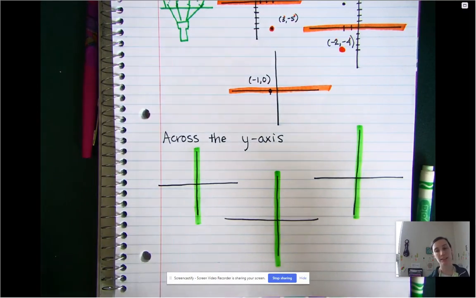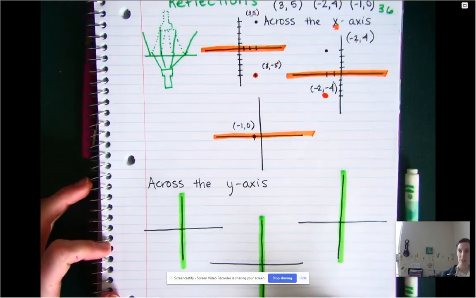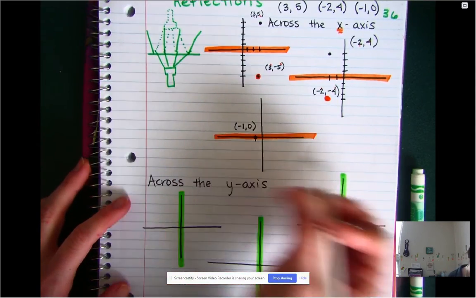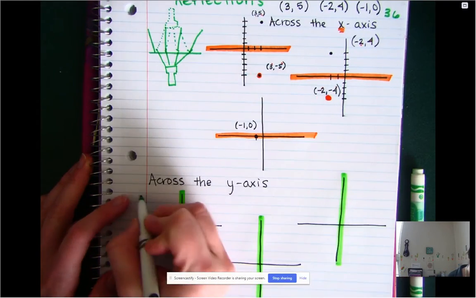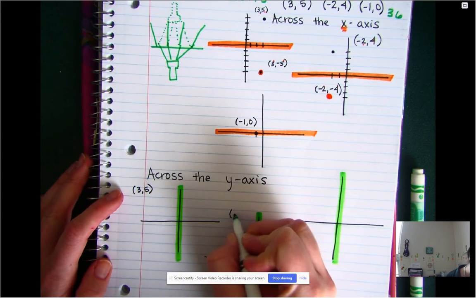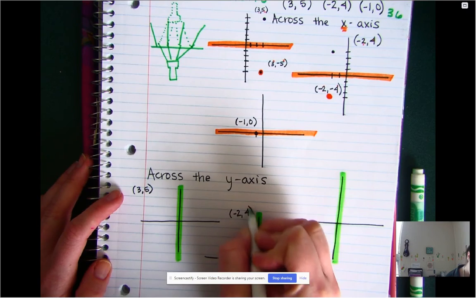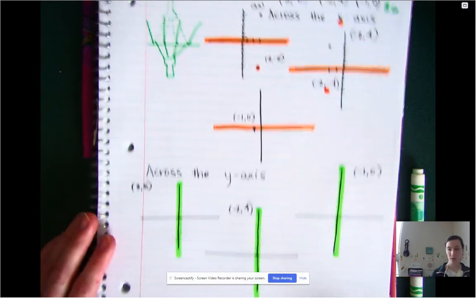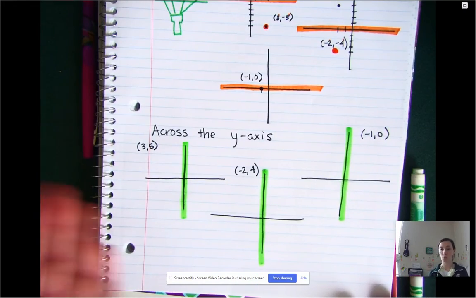So if I take those same points, just because I am brain dead, we'll do (3, 5), (-2, 4), and (-1, 0). Now we're going to reflect them across the y-axis.